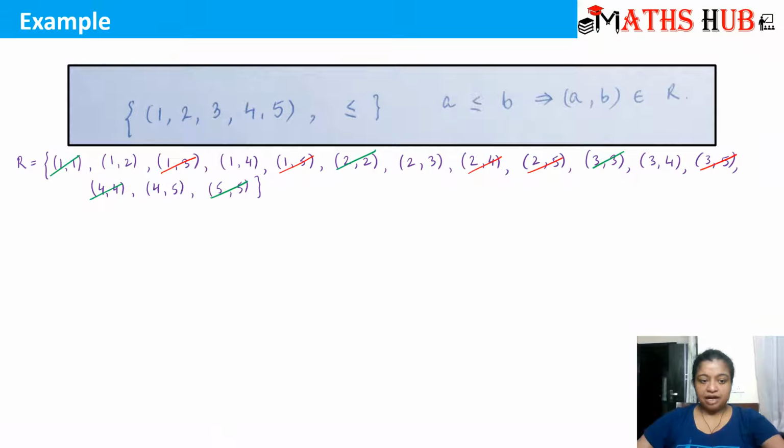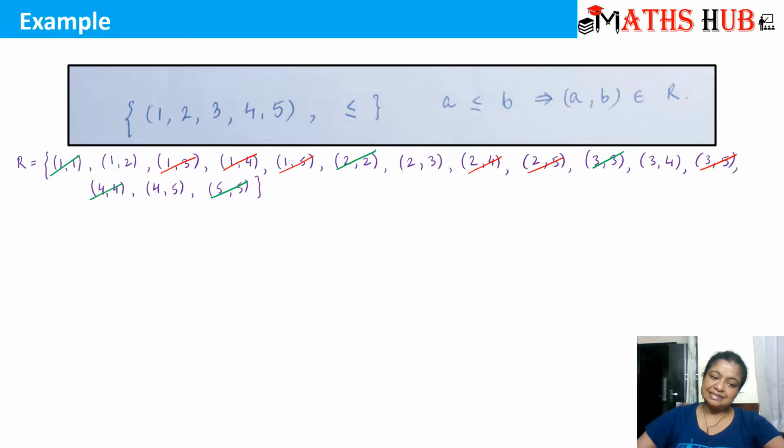Done. So now let's try to join this. I think 1,4 should also get cancelled. 1 is related to 2 and 2 was related to 4. So you can cancel off 1,4 also, right? So now we are left with 1,2, 2,3, 3,4 and 4,5.